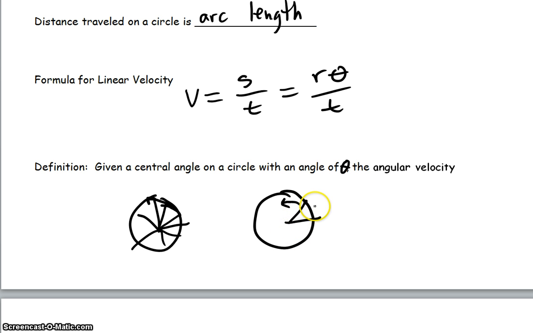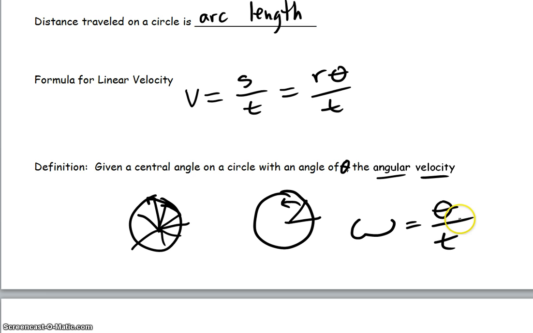So we're talking about how an angle is changing over time. The symbol for this is a Greek letter, I believe omega, and the formula is the angle traveled over time.